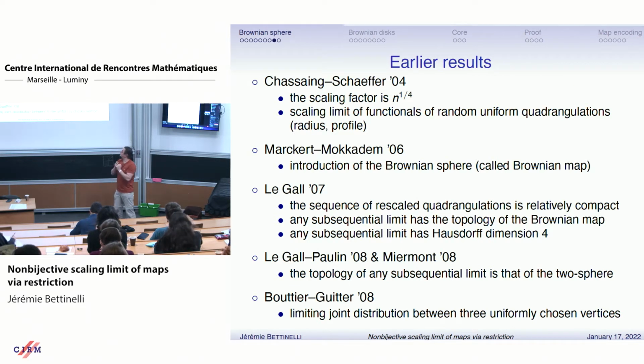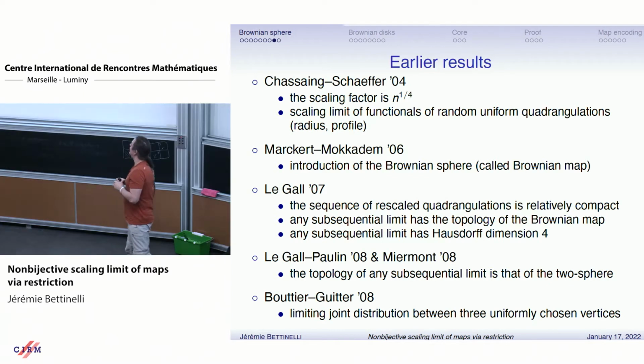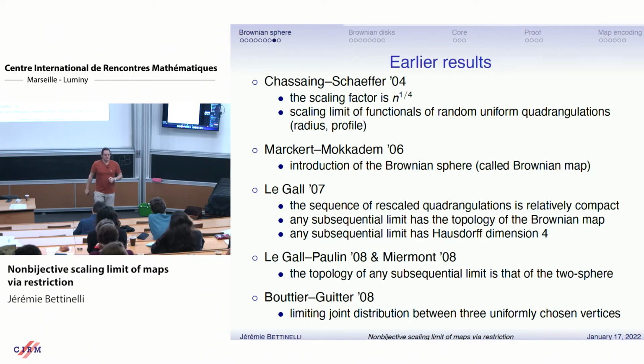The radius is the maximum of the distance between one fixed point and all the other points. And the profile is the distribution of all the vertices at a given distance from this fixed point. And then in 2006, Marckert and Mokkadem introduced the notion of the Brownian sphere, at the time they called it the Brownian map once again, and they showed the convergence in some sense to this object.